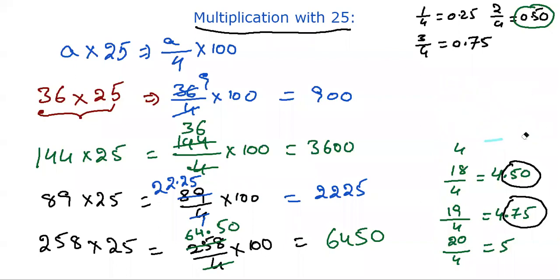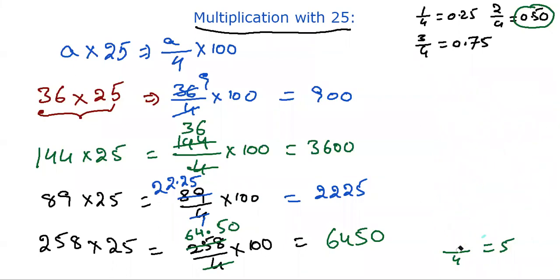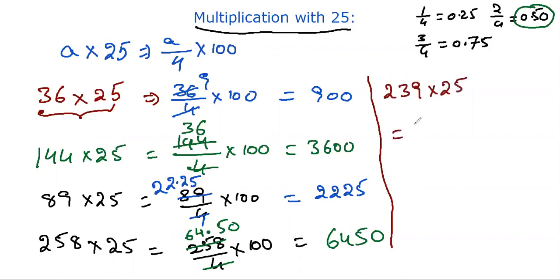So let me take you another example. For example, you are having a number like this. 239 into 25. What you will do? 239 by 4 into 100.